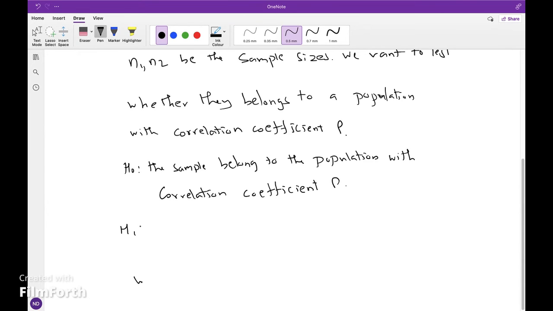The alternative hypothesis: the population correlation coefficients are not the same.